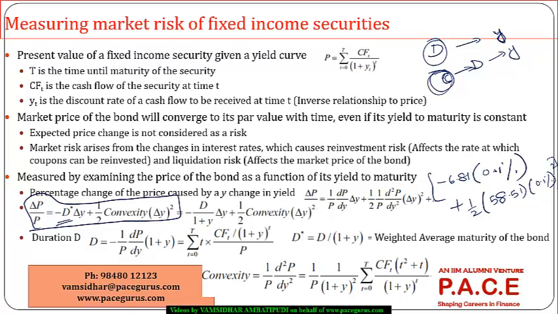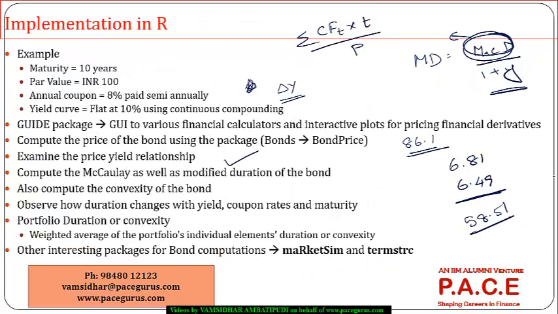The same logic I can use to compute the change if there is a fall in the interest rates as well. So this is a typical way where I can use the package, and I can get the computation of the convexity.